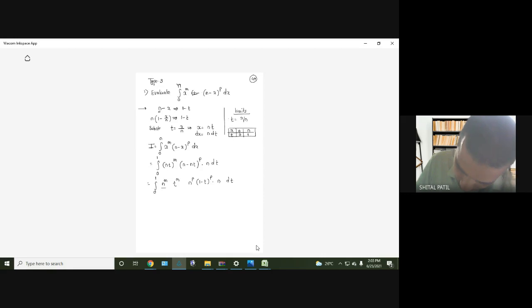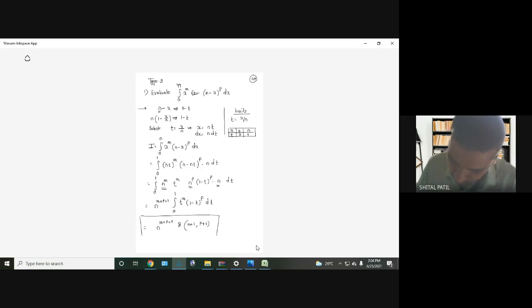So these n terms 1, 2, 3 are taken outside. And this is the beta function. As usual, we have to add 1 in the power of t and 1 minus t. This is the answer.